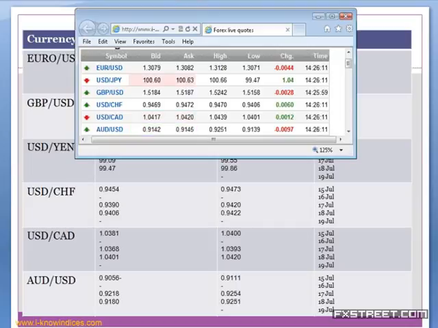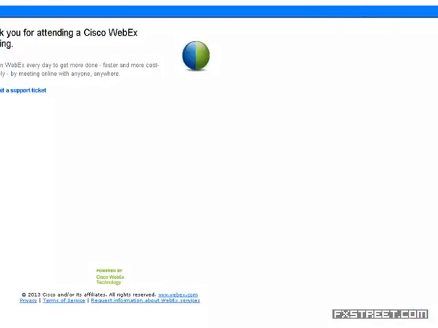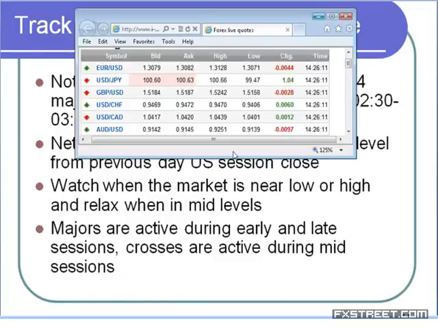So let me just minimize this chart. After noting down the initial lows and highs, we also note down the net change, what they are doing. That's what I was referring to: they had done about 99 pips and still have not breached. They come to the low and have not breached the low.